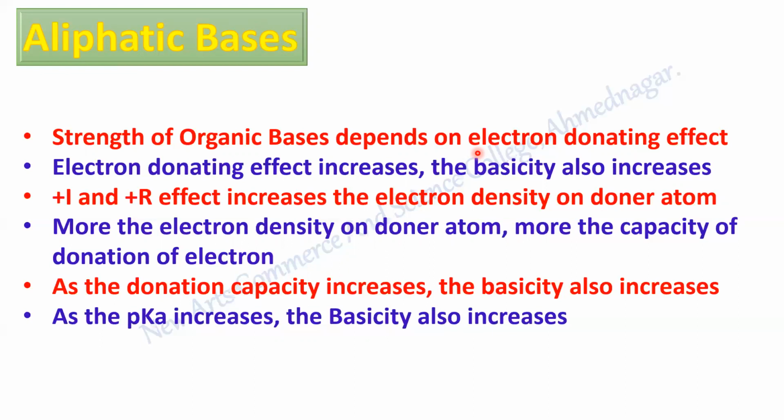Exactly opposite terms we now have to discuss here: the strength of organic bases depends on the electron donating effect. So if the electron donating effect increases, the basicity also increases.